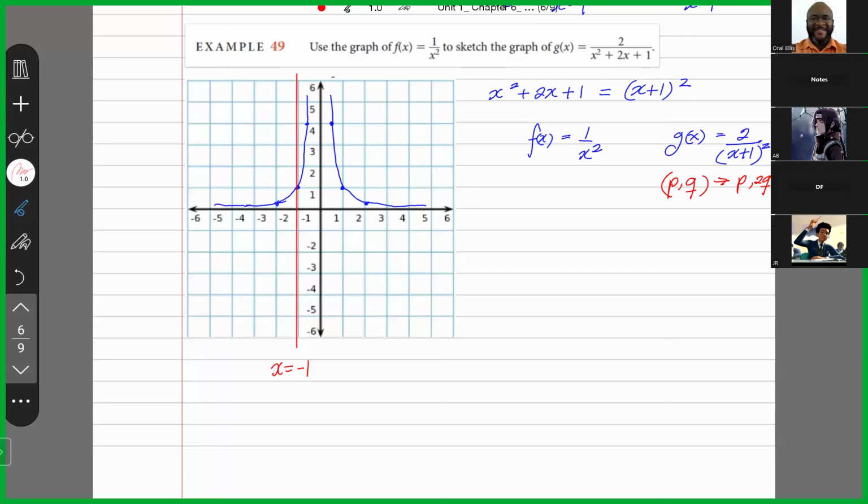So with the vertical stretch, for the same value of x, the value of y is going to be multiplied by 2. All right, so we'll move 1 unit to the left, and then we're going to vertical stretch. So everybody goes 1 unit to the left, and then you're going to multiply the coordinates by 2. So the point (minus 1, 1) is going to become the point (minus 2, 2).